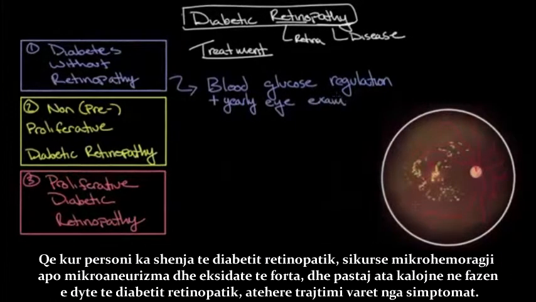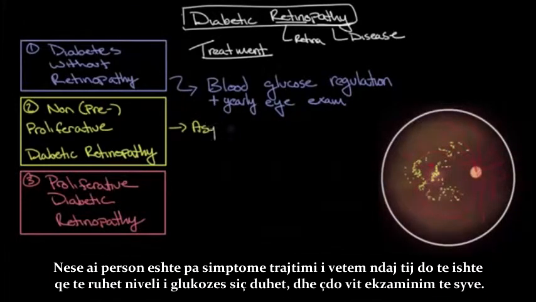Now, once an individual has signs of diabetic retinopathy, such as the microhemorrhages or the microaneurysms and these hard exudates, and they move into that second stage of diabetic retinopathy, now the treatment is dependent on symptoms. So if that individual is, say, asymptomatic, their only treatment is still to just maintain proper blood glucose regulation and the yearly eye exam.